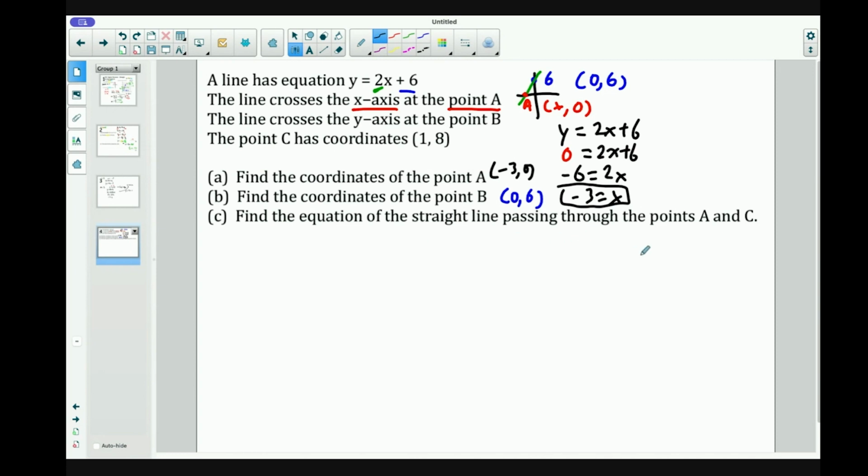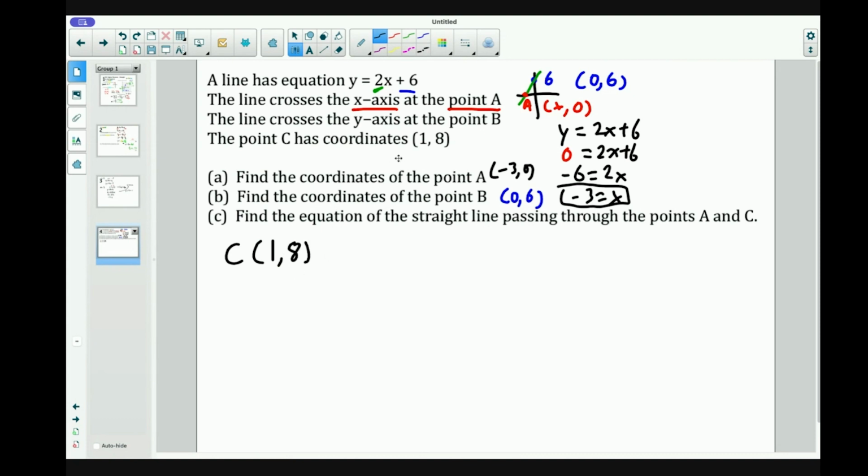And then let's take a look at the equation of the straight line passing through points A and C. So there's a couple different ways we can do this. Let's start off by writing that we have C is 1, 8.